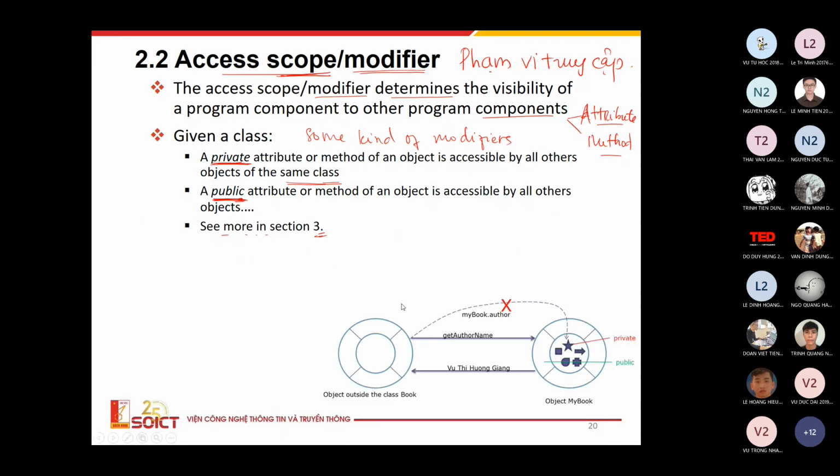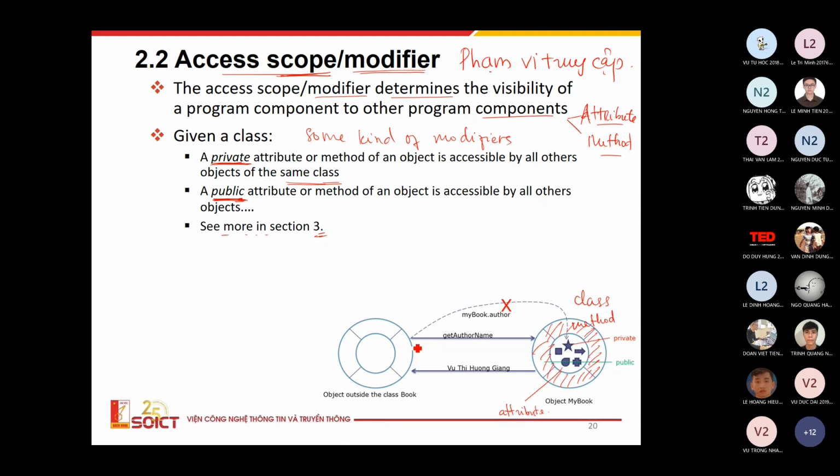Okay. So this is one illustration to show you that when you encapsulate a class, that means you encapsulate the methods as the ring outside of this circle, and the inside here is the attribute.